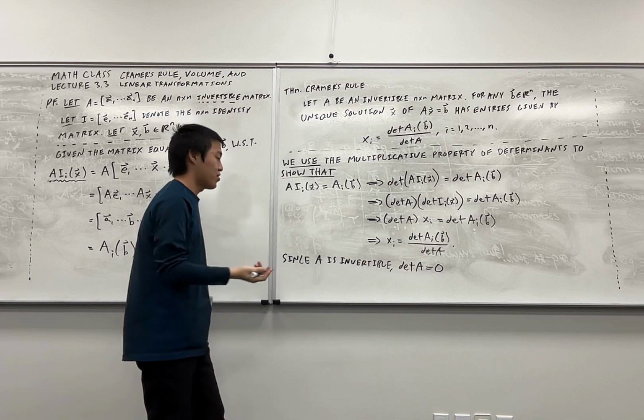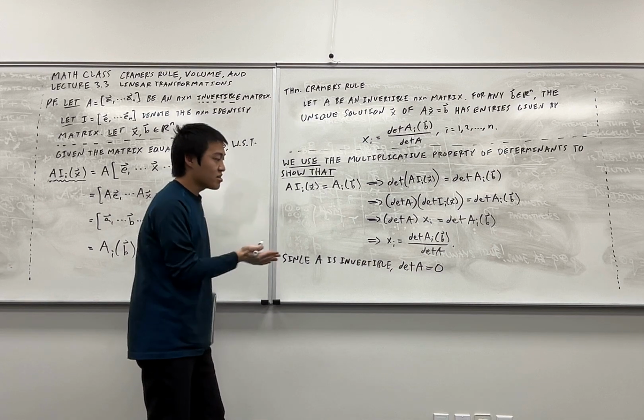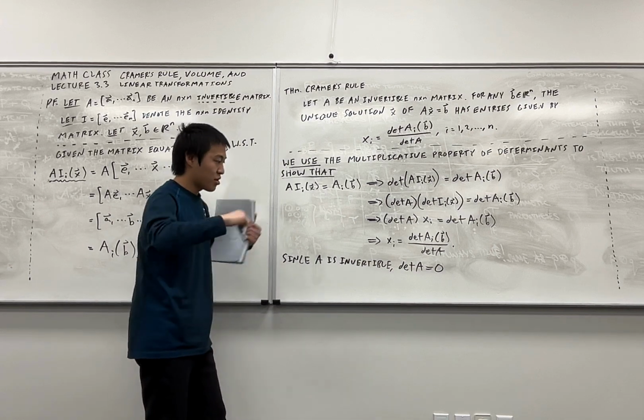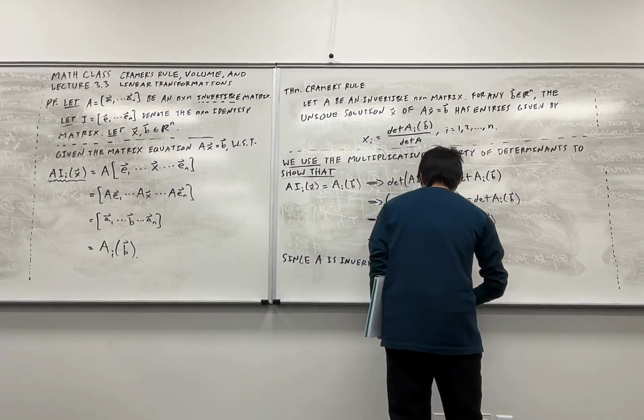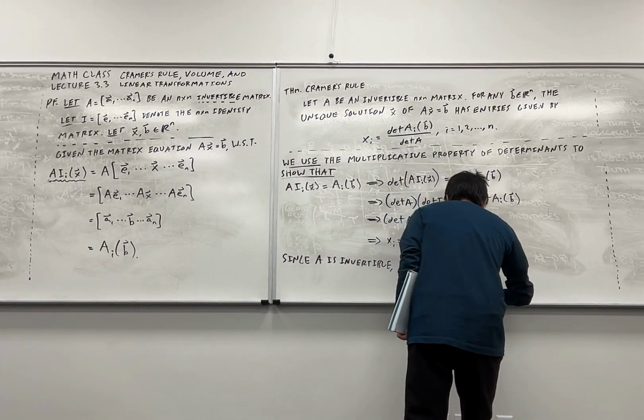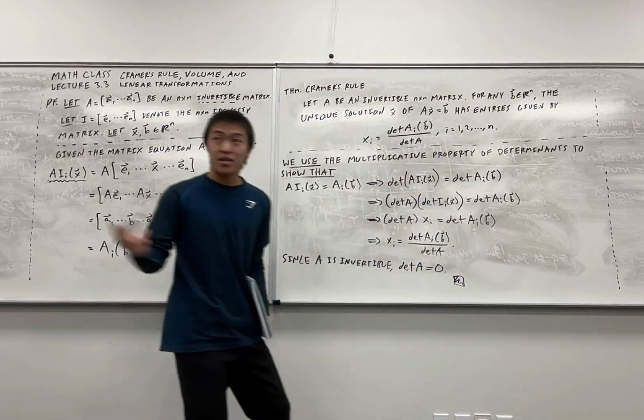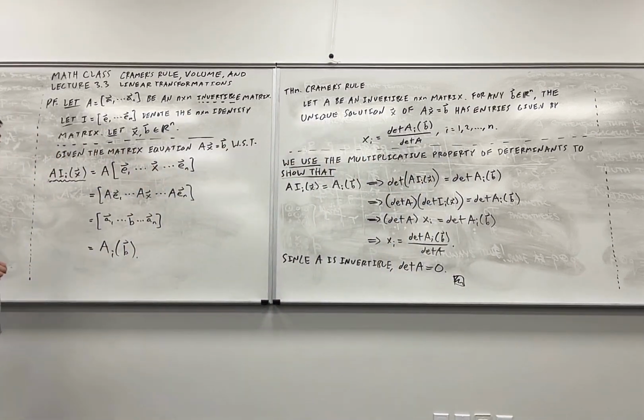Because that's a previous theorem: if you have a non-zero determinant, then you're invertible, and it goes both ways. So since A is invertible, the determinant of A is non-zero, period. That's all you need to say about it. That's just clarifying that you're never going to divide by 0, so this formula is good. It's not zero. Not zero.